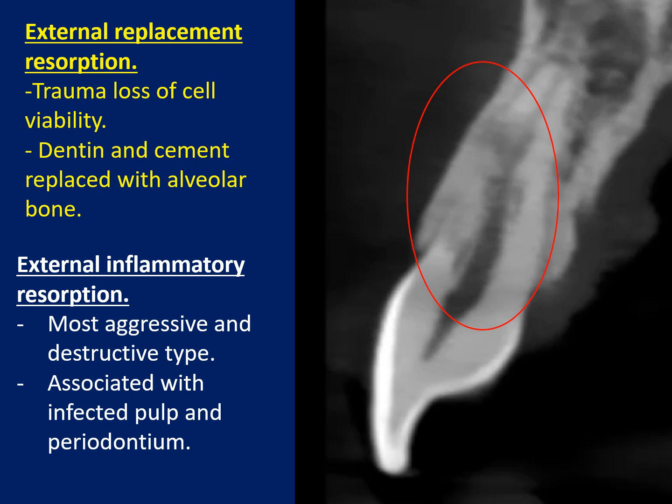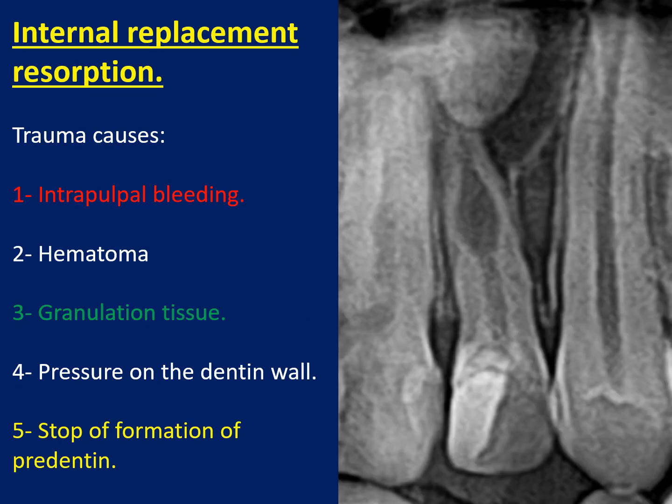External resorption may be a replacement resorption, whereby dentine and cementum replace the lost tissue, or inflammatory resorption, which is most aggressive. Internal resorption may happen due to many causes. Mostly and most important of all is trauma, just like this internal resorption case.